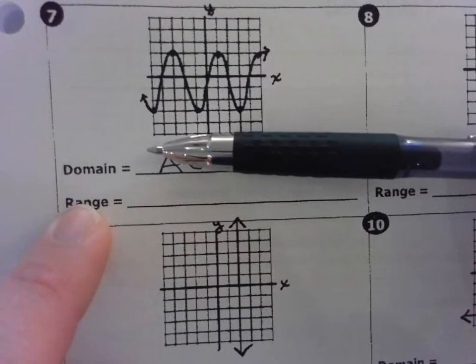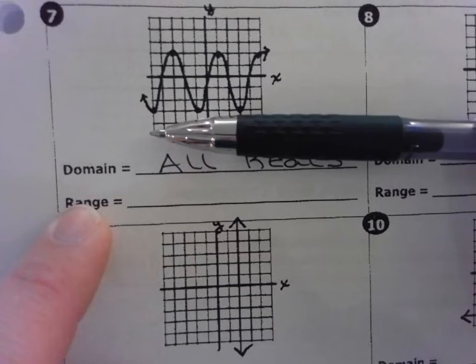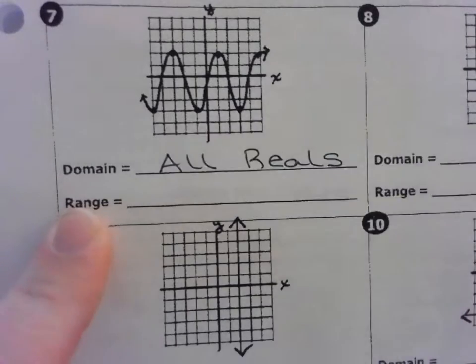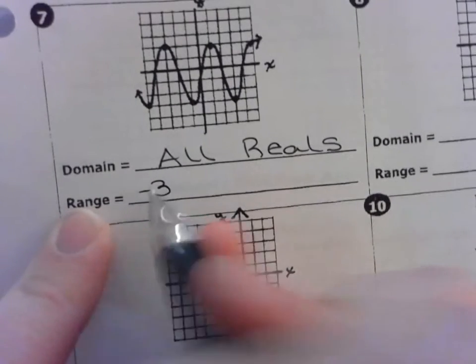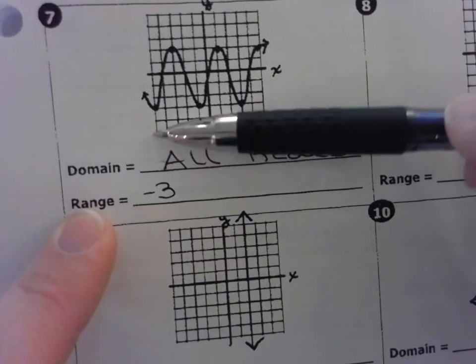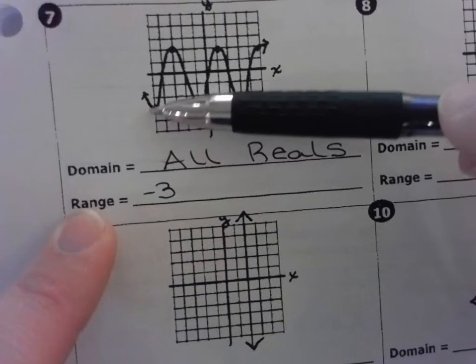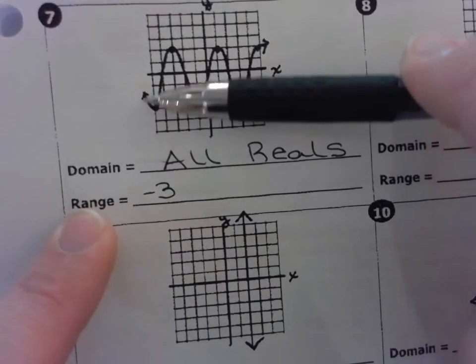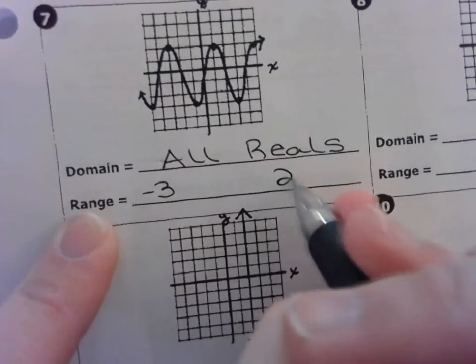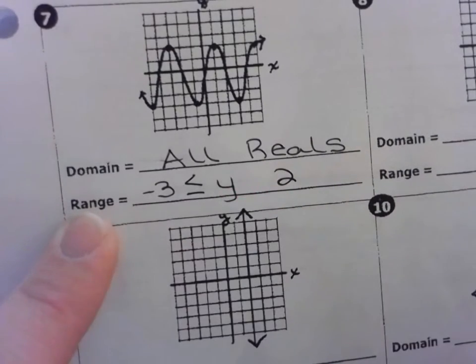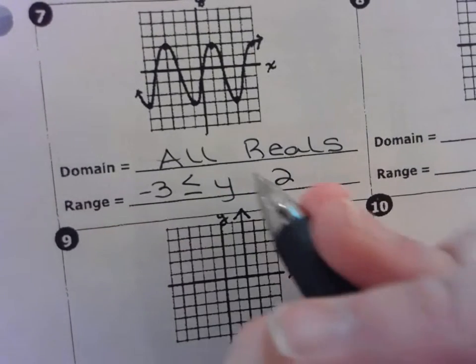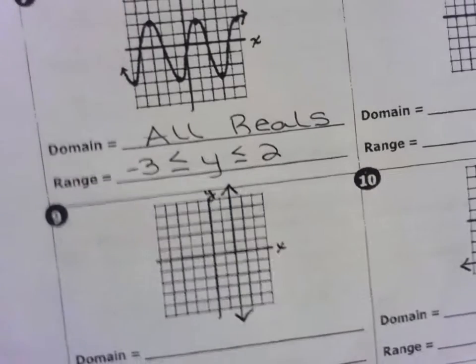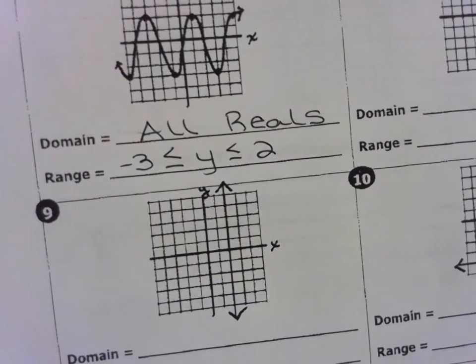As I start at the bottom and scan, my lowest value is -3, and the highest value is 2. So my y value is greater than or equal to -3 and less than or equal to 2. These are kind of weird. It takes a little bit of work, but okay.